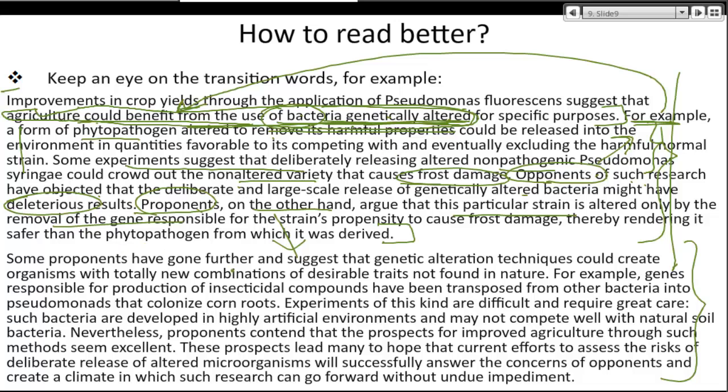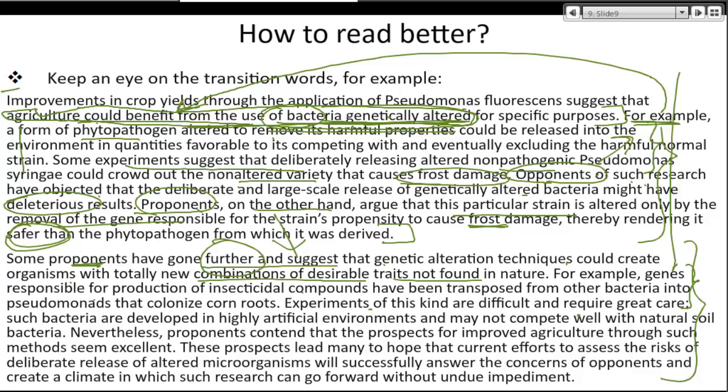Some proponents have gone further and suggest that, so they have gone further means they have added something here. The proponents say that there is some safety here, and they have gone further and suggest that genetic alteration techniques could create organisms with totally new combinations of desirable traits. And then again, for example, genes responsible for production of insecticidal compounds have been transposed. So this is basically how the benefits can come as per the proponents.